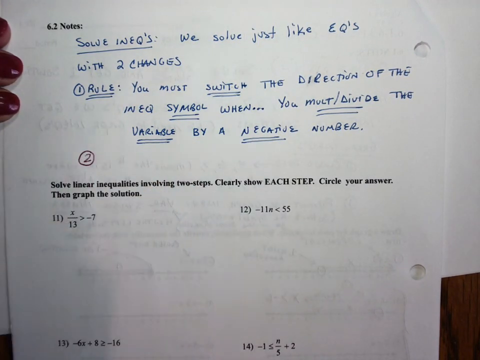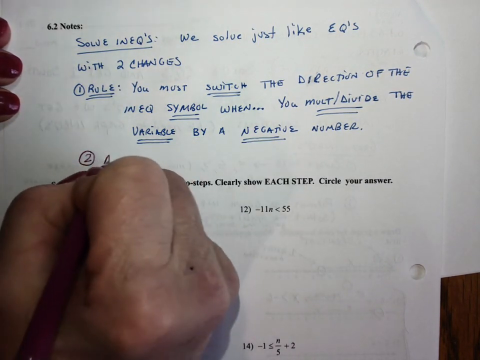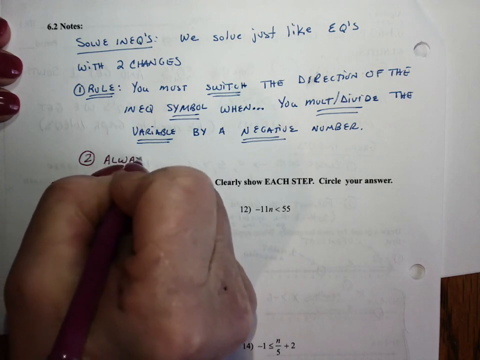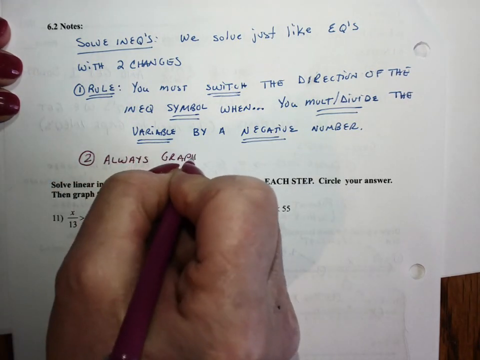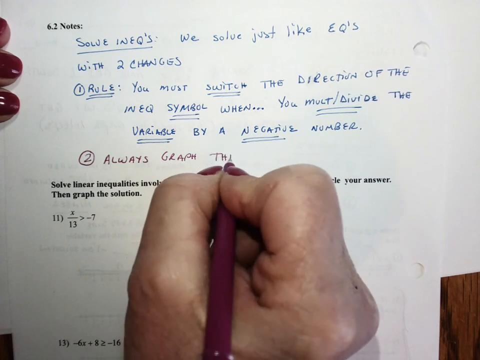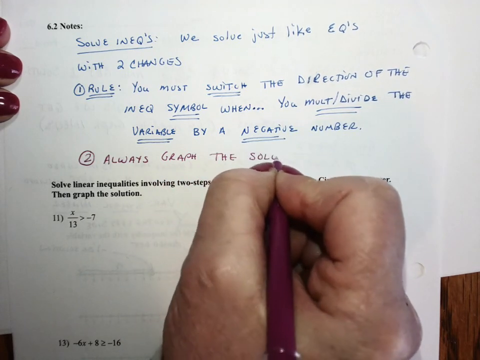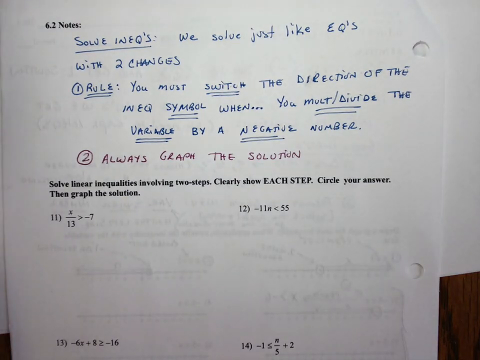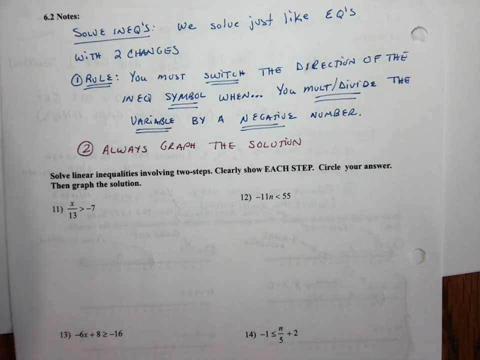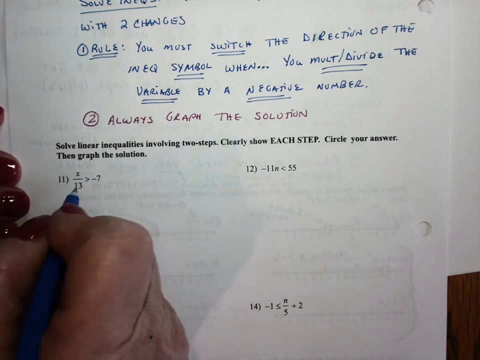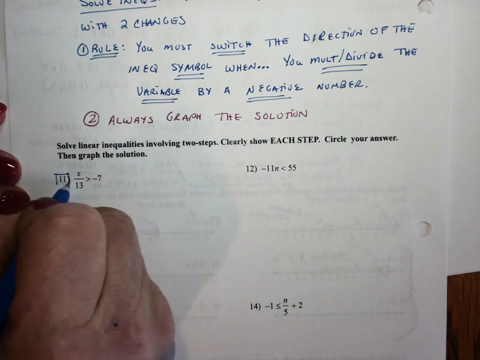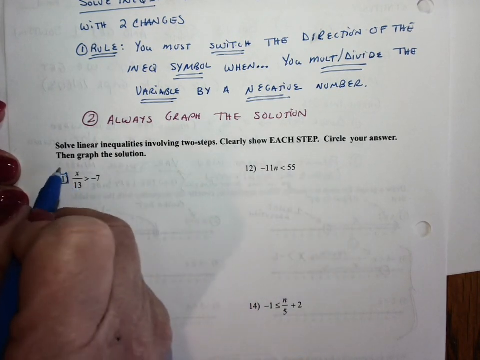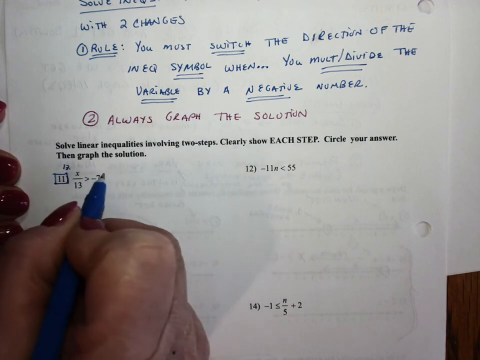Two, always graph the solution. All right. So going over these, for number 11, you're going to multiply both sides by 13.